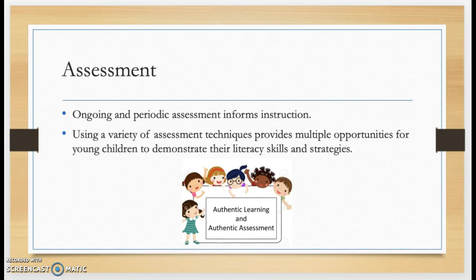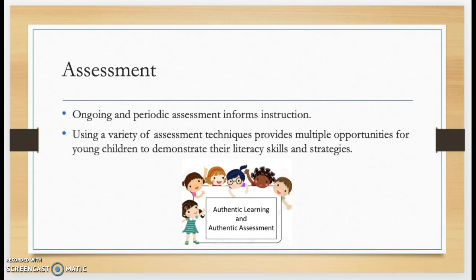We're going to have some that are for accountability purposes, but we really want to have a well planned out assessment schedule or plan for how we can have a good understanding of where our kiddos are at any point in time. You're going to use a variety of assessment techniques, and we'll talk about some assessment in literacy later in the course. You also will have a full course on assessment.